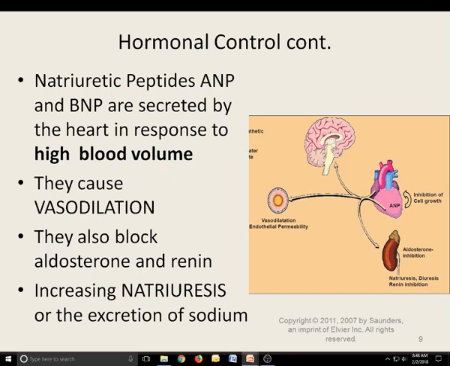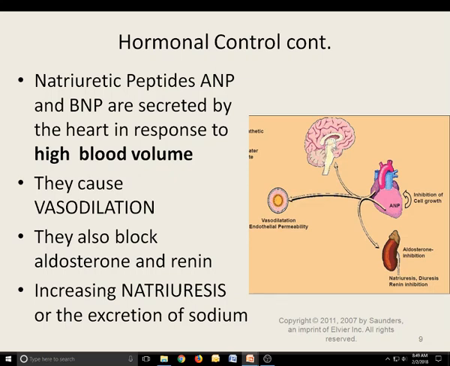So ANP and BNP cause vasodilation and also block aldosterone and renin, which prevents aldosterone and renin from raising the blood pressure. So also, by blocking aldosterone and renin, this increases the amount of sodium that's lost in the urine, and thus you have the results of the vasodilation and the loss of sodium is that blood pressure decreases.